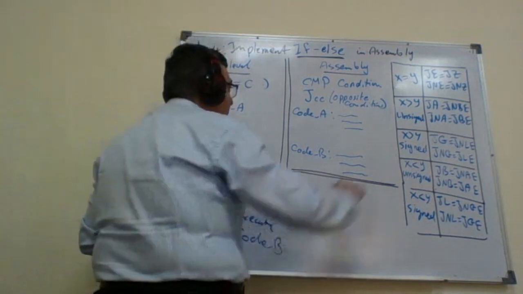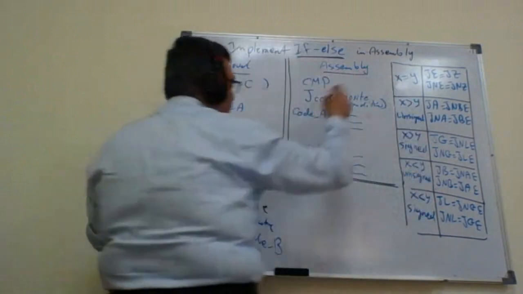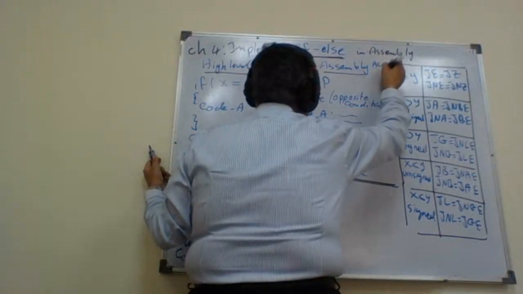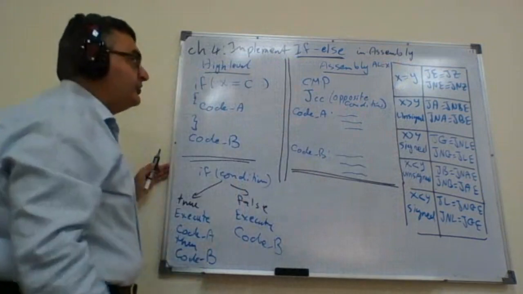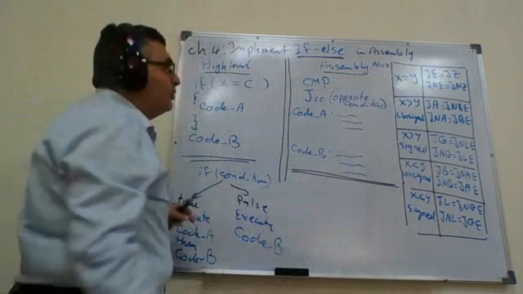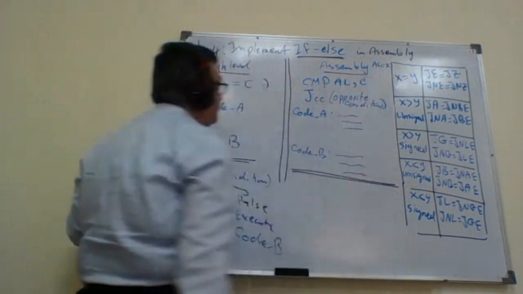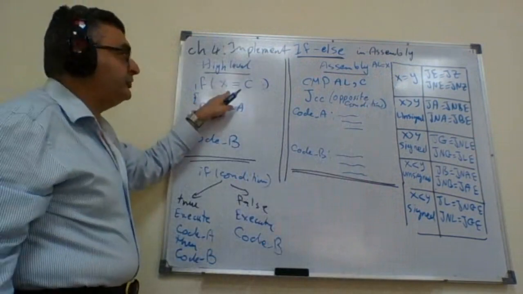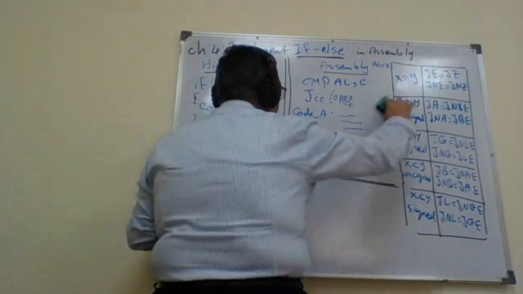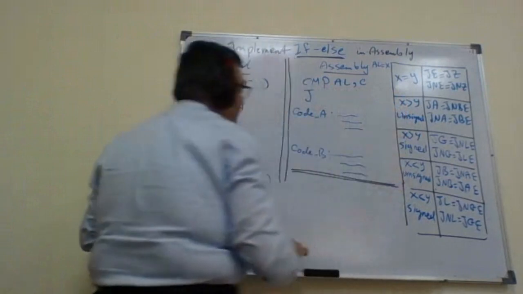That means, assume that AL equals the value of X, that in assembly I already loaded X into the AL register. So I will compare AL with the value C to check for this condition. Now, which instruction do I use? If AL equals C, I want to continue.